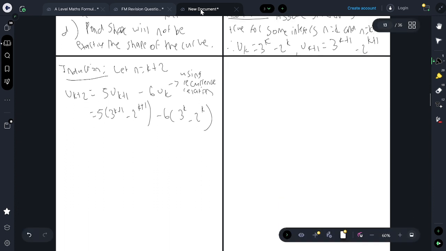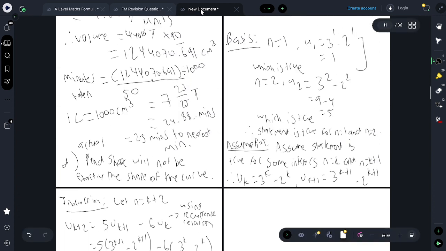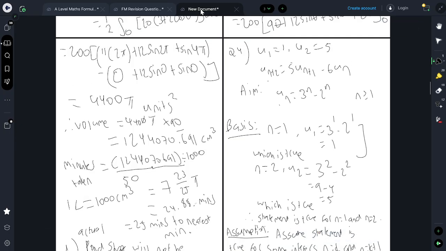Essentially now we need to make this U(k+2) look like this. So what's it going to look like? U(k+2) is going to look like 3 to the k plus 2 minus 2 to the k plus 2. That is our aim, that's what we need U(k+2) to look like.